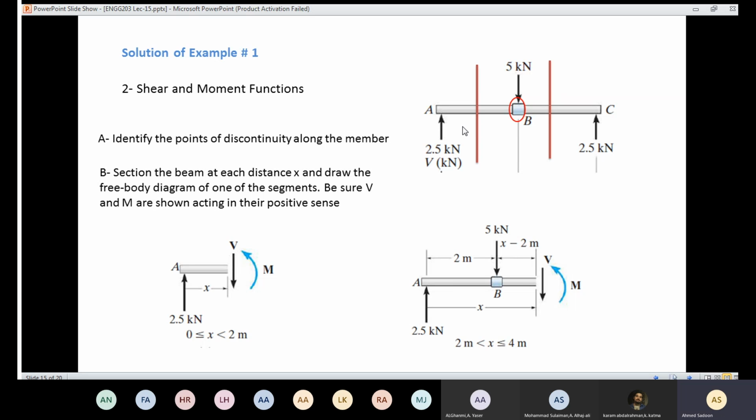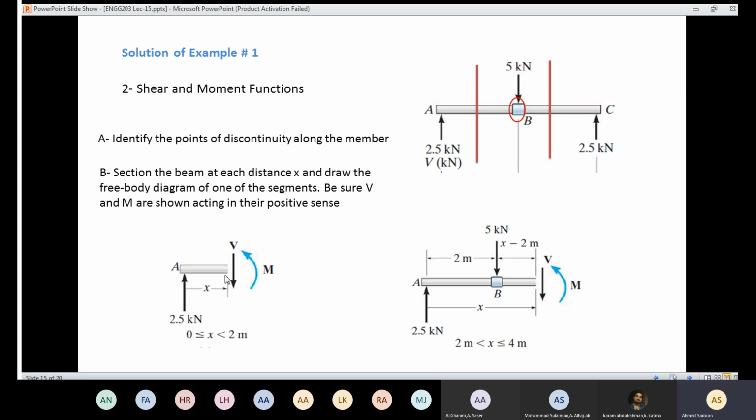That means the value of x here should be equal to or more than 0, and it should be less than 2, because at 2, I have a point of discontinuity. So here, I'm going to put x. So I'm going to cut somewhere in that segment here, x.